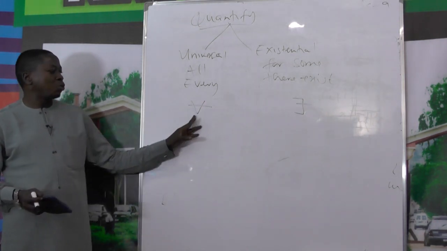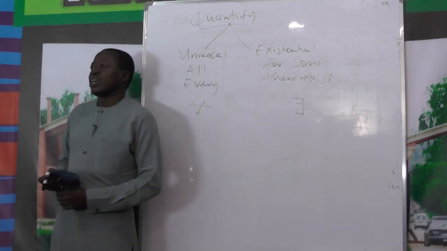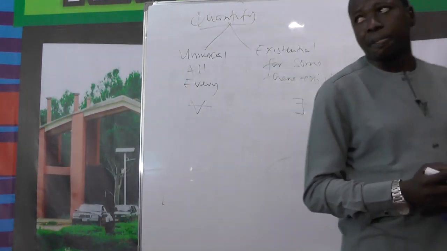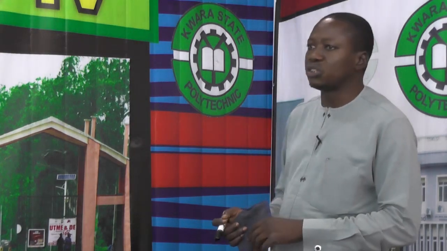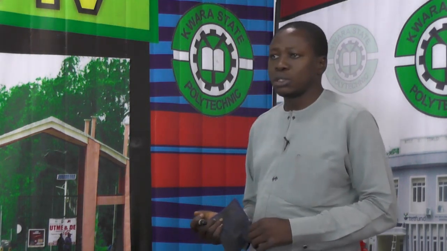So we'll be using this symbol for universal and this symbol for existential quantifier. Before we take an example, there's what we call a variable. A variable is an arbitrary symbol used to express a proposition or statement. It could be free or bounded. A free variable is a variable which is not predicated by a quantifier.